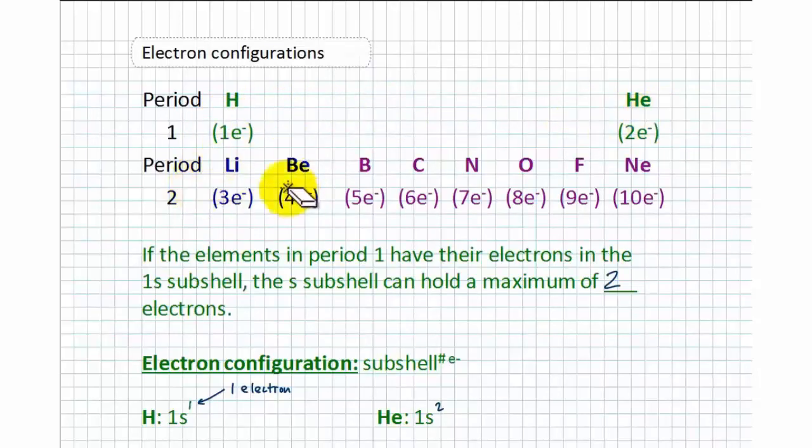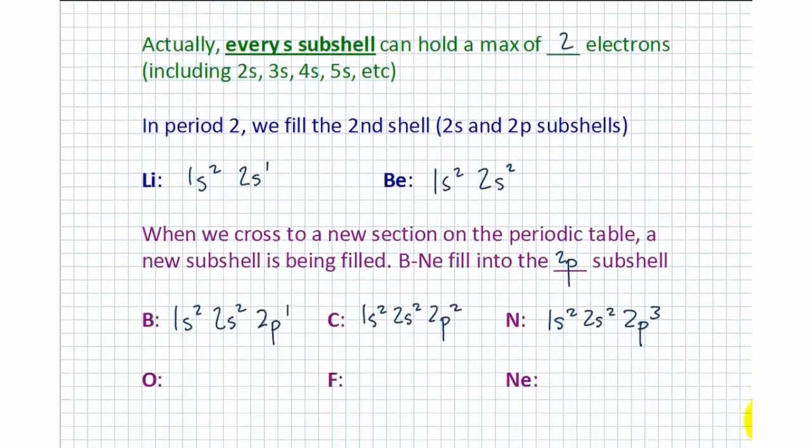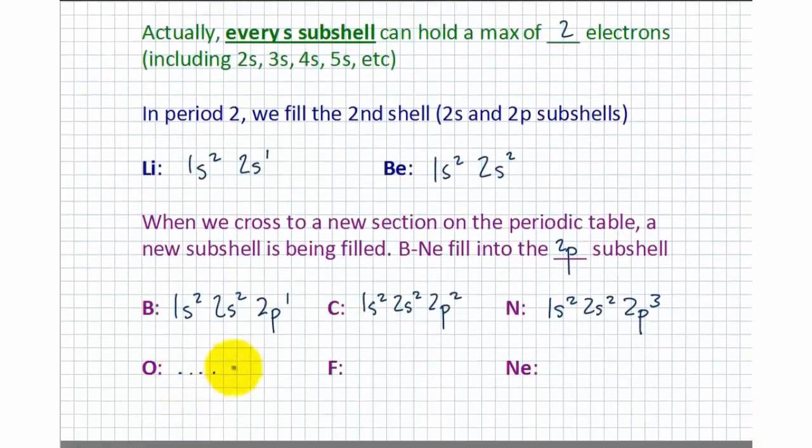These 2 fill in 2s, 2s2, then 2p1, 2p2, 2p3, 2p4, 5, 6, whichever one you're ending at. All that same stuff, 2p4, all that same stuff, 2p5. Here, I'll write it out for neon: 1s2, 2s2, 2p6.